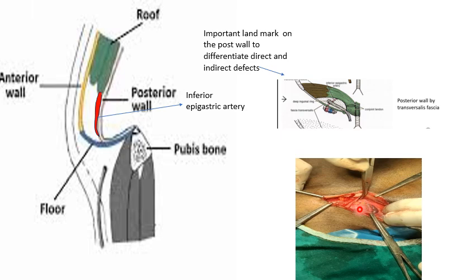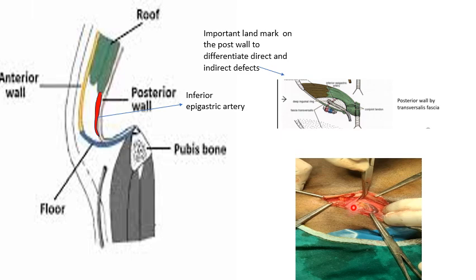And how do you know it's the inferior epigastric vessel? You will see that there is enough depth. That means the surgeon has approached the posterior wall. The superficial epigastric artery was just in the skin, but here you see the complete depth. See how much dissection has happened to go to the posterior wall.